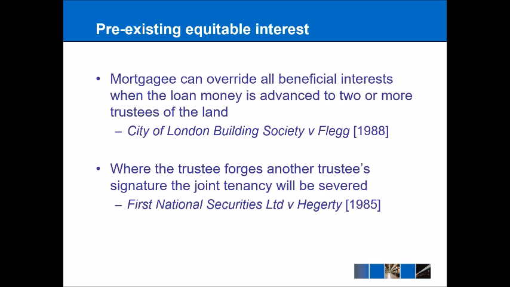The person who has been defrauded would get to keep their share, but the fraudster's share would be taken over by the bank. It would then be very likely that the bank would apply to sell the property so that they would have a return on their investment. A little bit harsh on the person who's been defrauded, but as I say, this situation is very rare nowadays because of the checks that are in place.